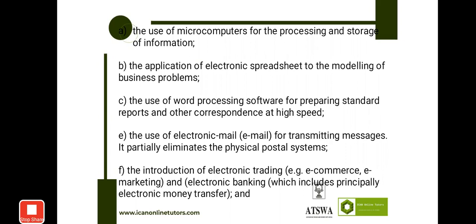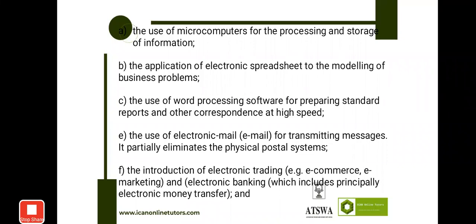B is the application of electronic spreadsheets to the modeling of business problems. C is the use of word processing software for preparing standard reports and other correspondence at high speed.